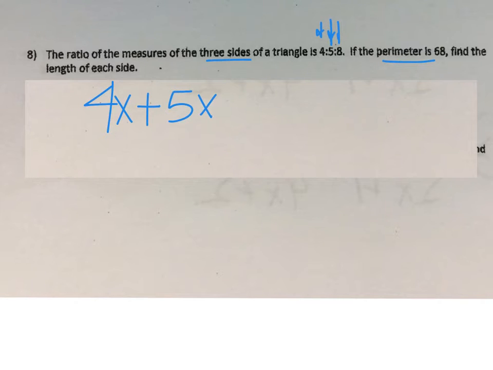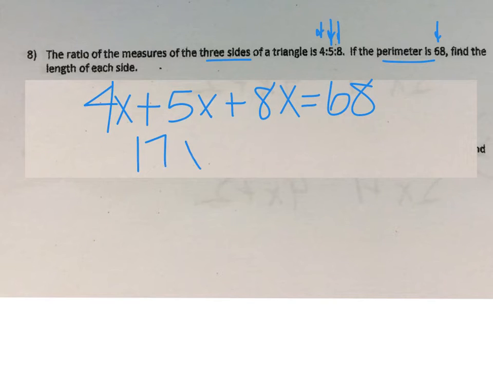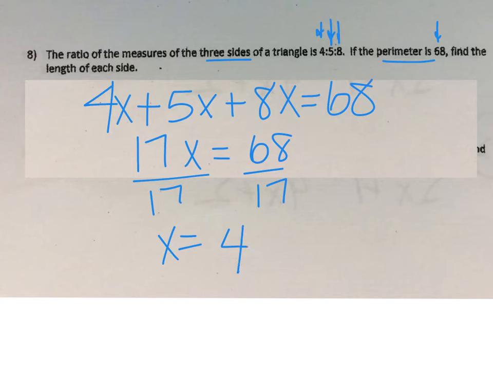And then the next number is an 8, so plus 8x is equal to 68, which is our perimeter right here. So we're going to combine like terms. So 4 plus 5 is 9, and 9 plus 8 leaves us with 17x is equal to 68. So to get x by itself, we're going to divide both sides by 17. And my calculator tells me that x equals 4.